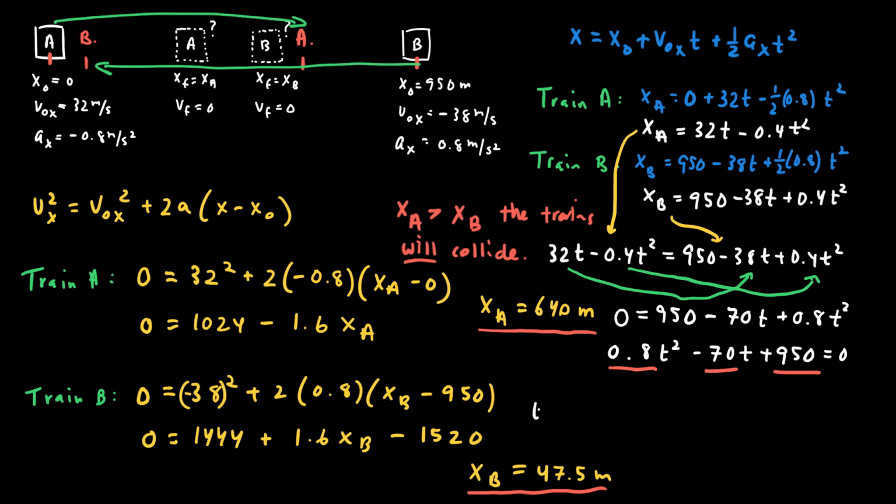The t in this equation can be solved with the quadratic equation, which is minus b plus or minus the square root of b squared minus 4ac, all over 2a, where a is equal to 0.8, b is equal to minus 70, and c is equal to 950.